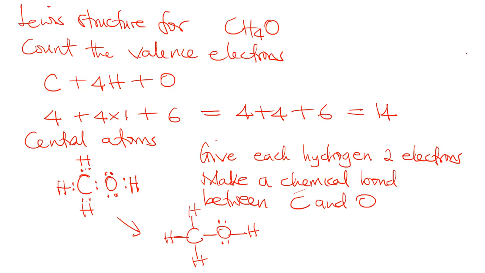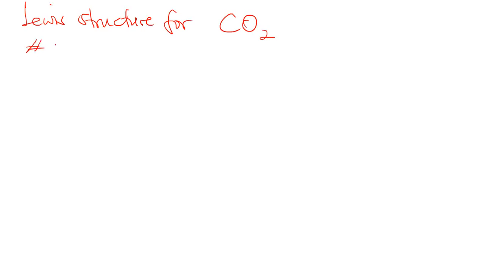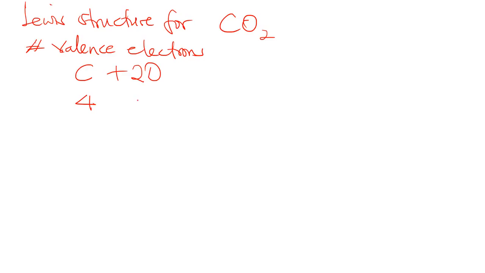Now let me write a Lewis structure for maybe the last one or the last 2. Lewis structure for carbon dioxide. So number of valence electrons: carbon has 4, two oxygens.